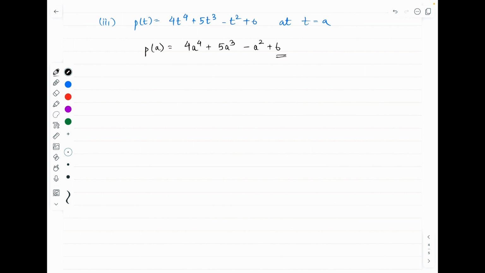Now, this is how we found the value of the polynomial at a particular value of the variable. Now we want to know what is the zero of the polynomial.